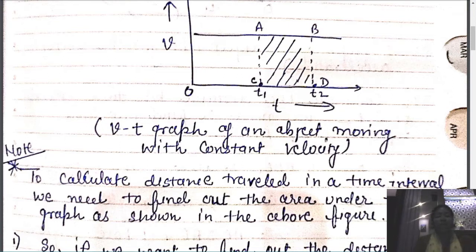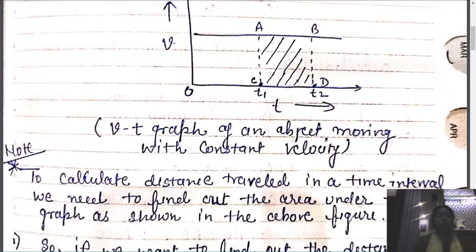Whenever we have the velocity-time graph and we want to calculate the distance traveled by the object, all the time we have to calculate the area under the graph.